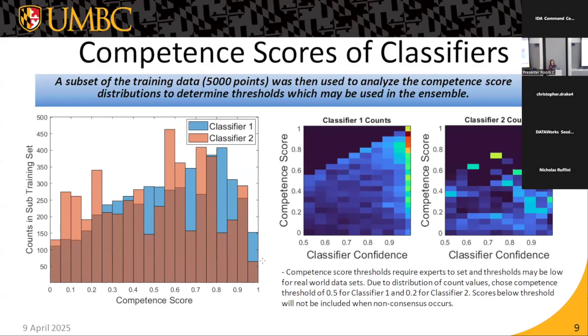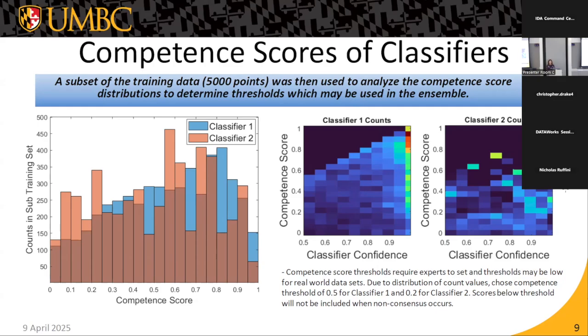And what we see here is that largely for classifier 1, the competence score is going with the classifier confidence. We have a minor drop off in one of the higher bins for the competence score, only due to lack of representation in that bin, and I ended up using a 0.5 threshold for that case.